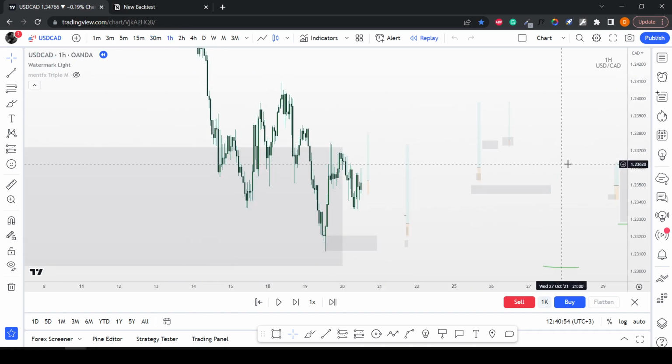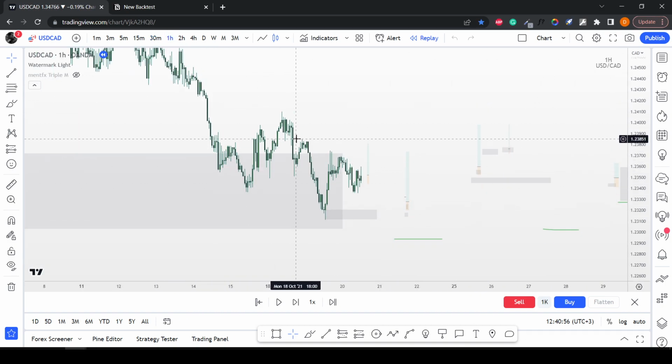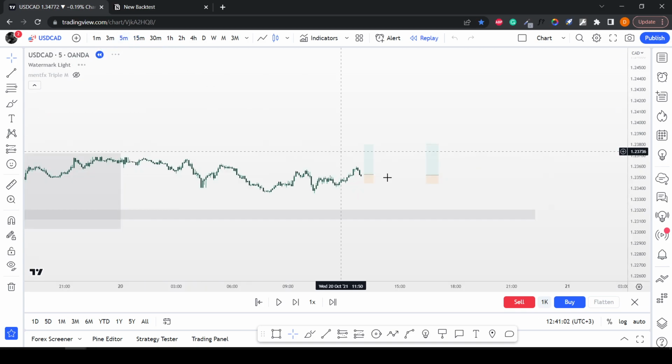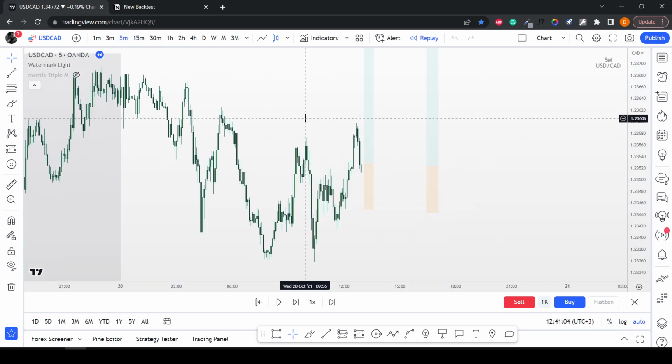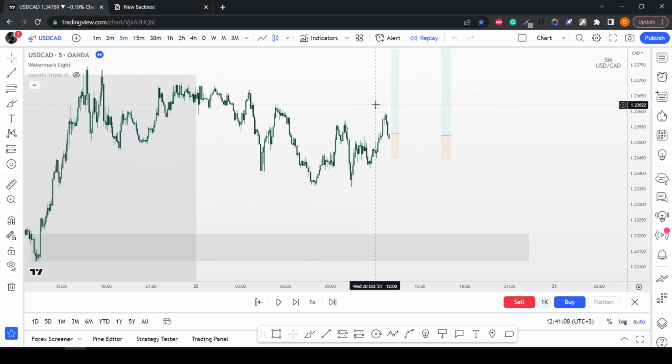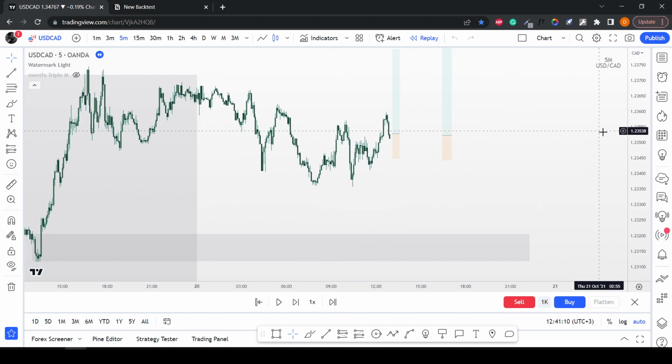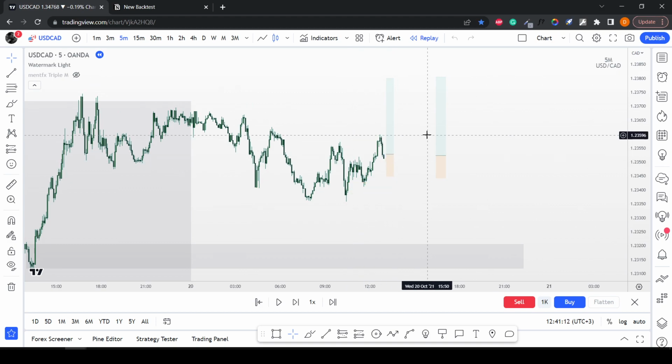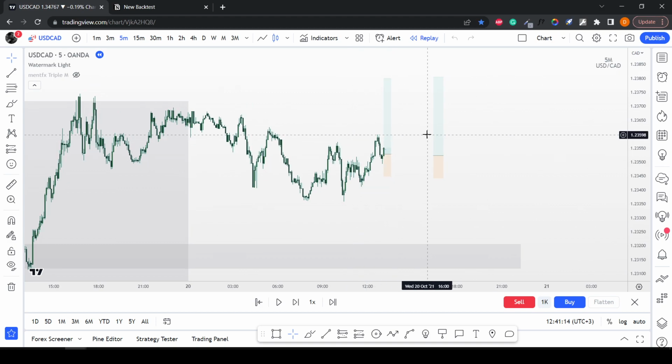And as you can see, all the other time frames are pointing to the downside. So it was possible, I think, to suggest that we are not going to have this move. So this was the entry.